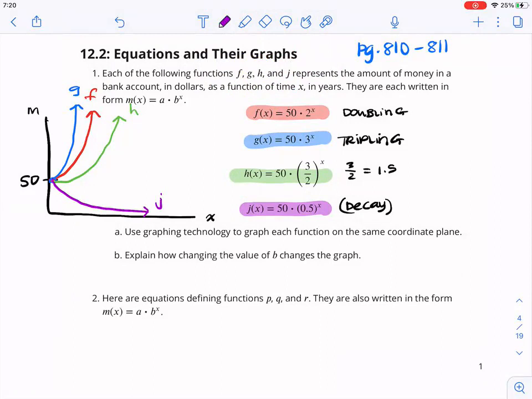Okay, well, hopefully you've realized that when B is greater than 1, that shows exponential growth. And when B is between 0 and 1, meaning it's a fraction less than 1, that's going to show exponential decay.